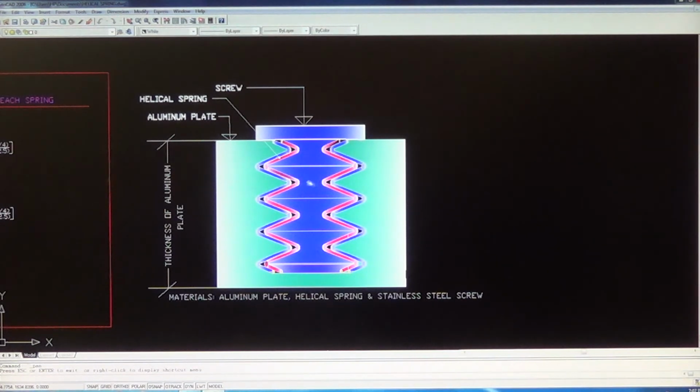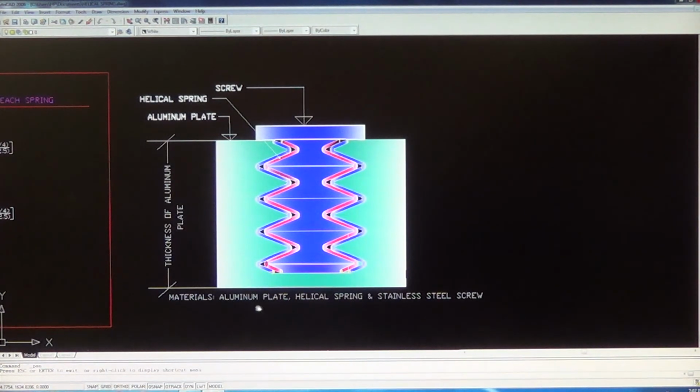As I said before, the helical spring absorbs shocks and vibrations very well. So this is the thickness of the aluminum plate. This is the aluminum plate right here, the screw is right here, and the helical spring is in the middle.